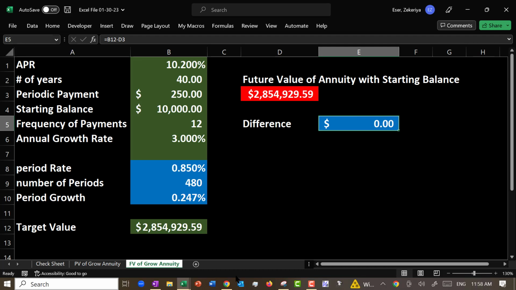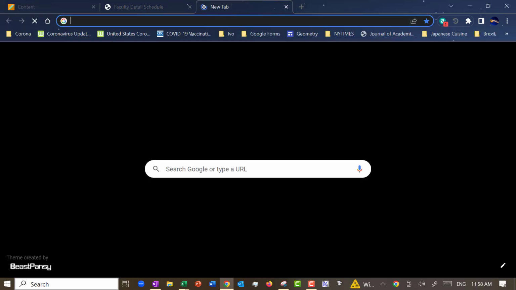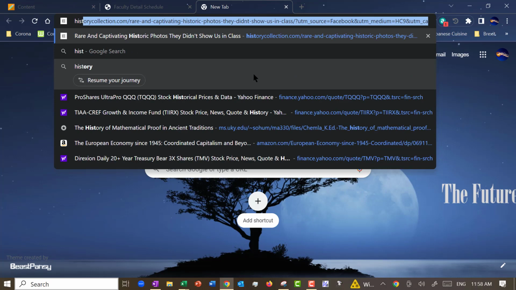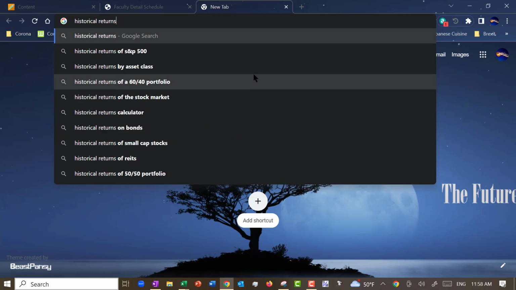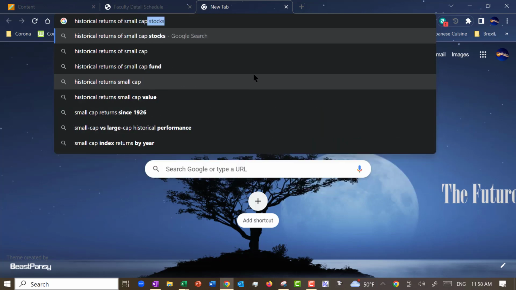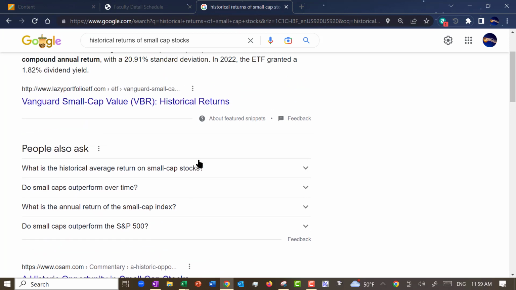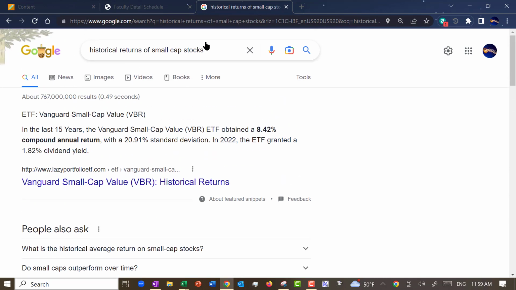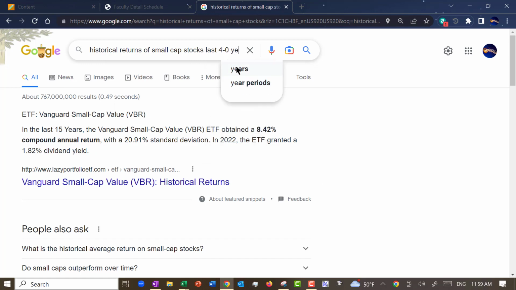As an example, let's look at something. Last 15 years. Let's do last 4 years.